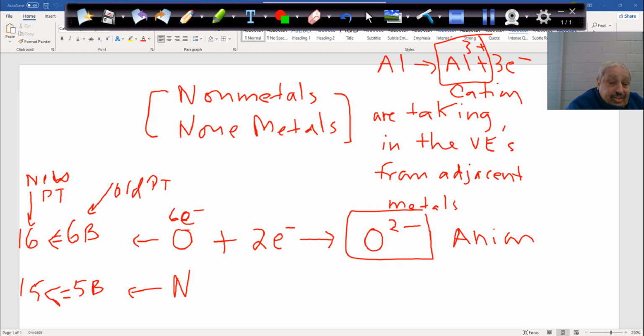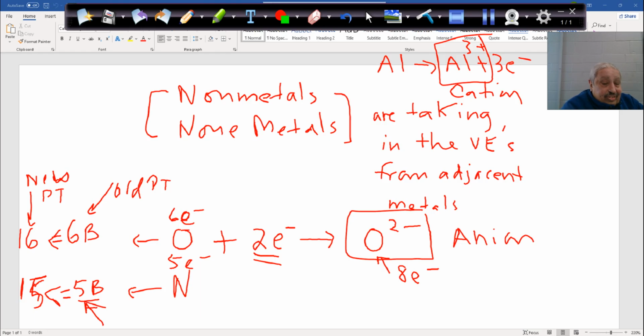So this here will have what? Two extra electrons, to make it what? To make it, this one now has 8 valence electrons. Nitrogen is in the 5th group, or 15 here, so it has 5 valence electrons because of the 5 here.